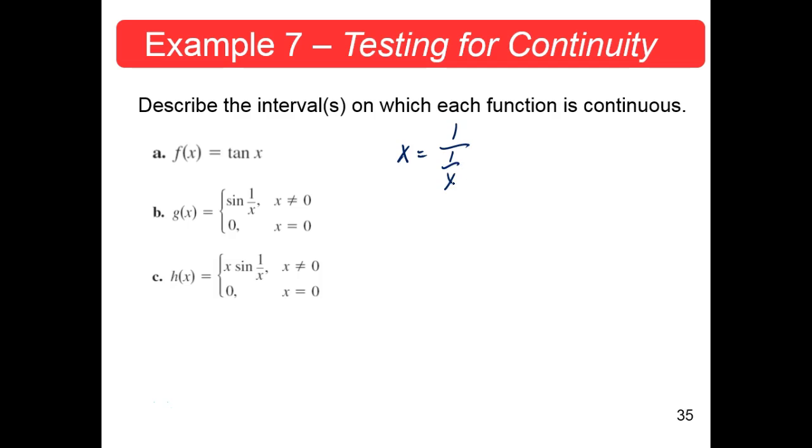Would you agree with that? Except for x equals 0. Obviously, that's not going to work. But give me another x, not 0. Any x. Just make up an x.